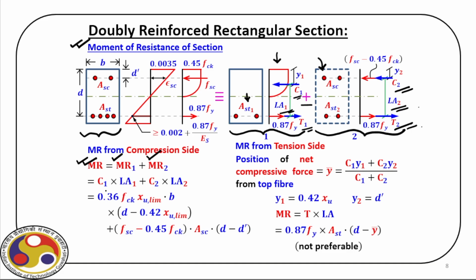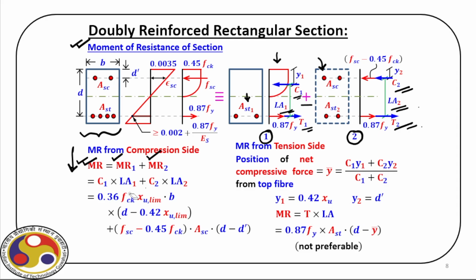For that, again, what we do, C1 times LA1, that is for the first section, which is marked here as 1, as you can see here. And then we have the second section, and for that, we have C2 times LA2. So in the first approach, we start with the compression side and find out the moment of resistance.